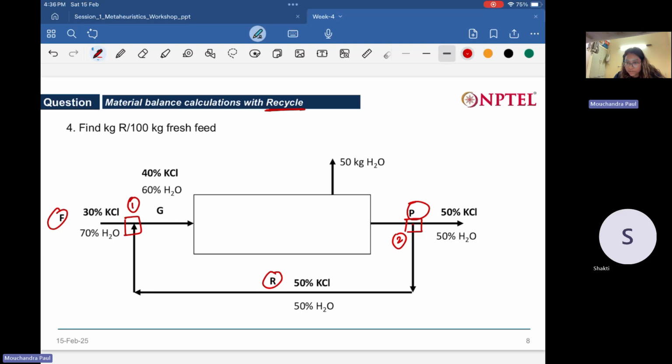One component is recycled back and the other is collected. This is the only difference in this type of problem compared with the previous type, where there was only feed and product streams. Okay, so let's do this. This is very easy, it takes only a few minutes.